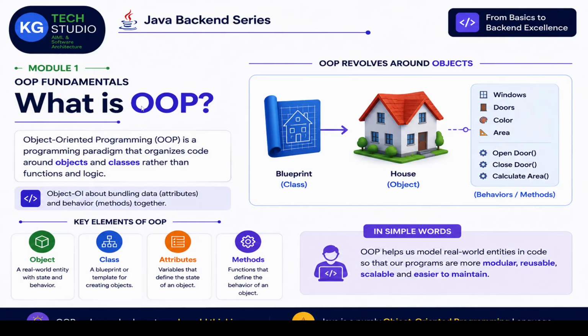In this example, you can think of the blueprint as a class in Java, and the house as an object, and then we have some attributes and some behaviors or methods, right?